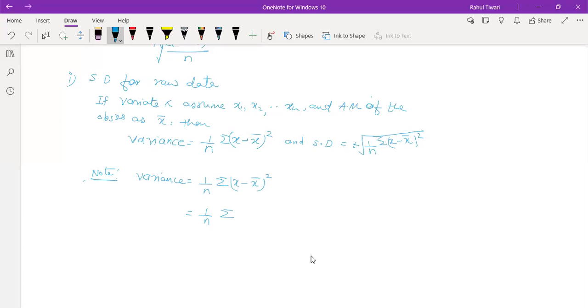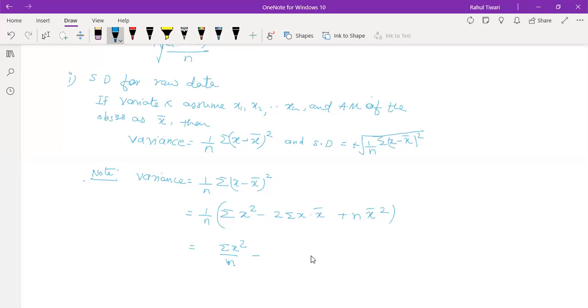So what will it be? Summation x square minus 2 times summation x into x bar plus n times x bar square. And this is going to be summation x square upon n minus 2 times x bar times summation x upon n, plus x bar square.